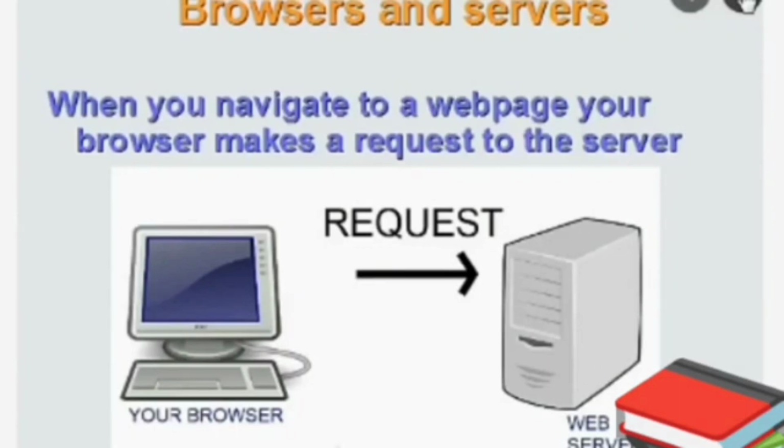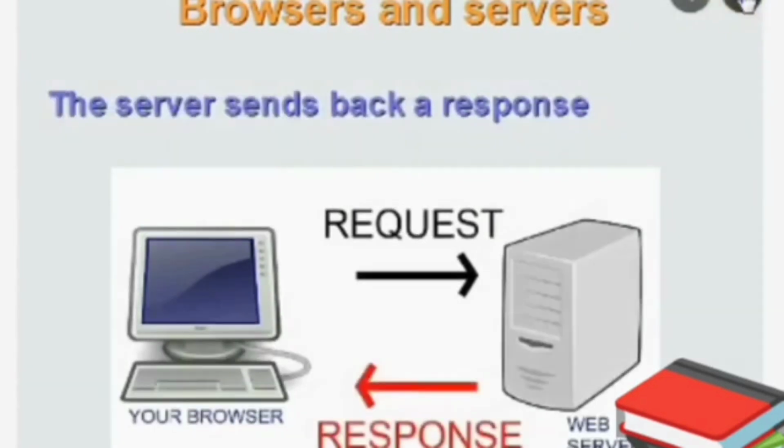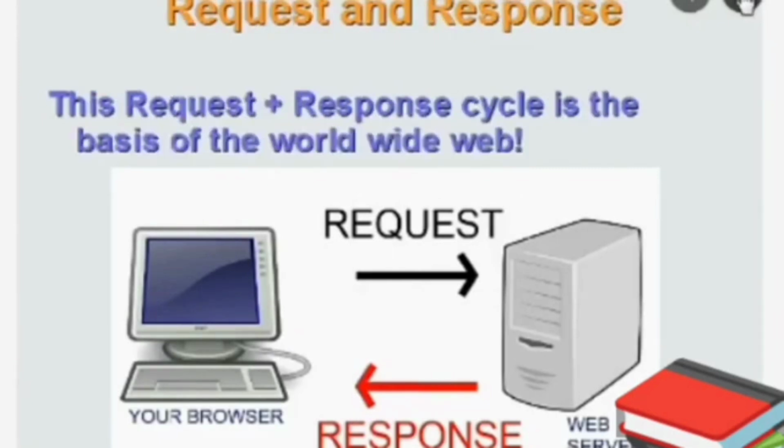You can see your browser and your web server. The server sends back a response. Now, when you make a request using your browser, your web server sends back a response. This request plus response cycle is the basis of the World Wide Web.